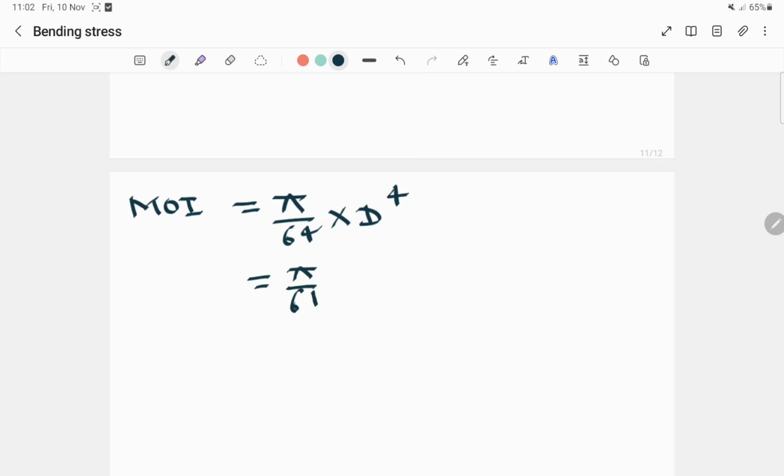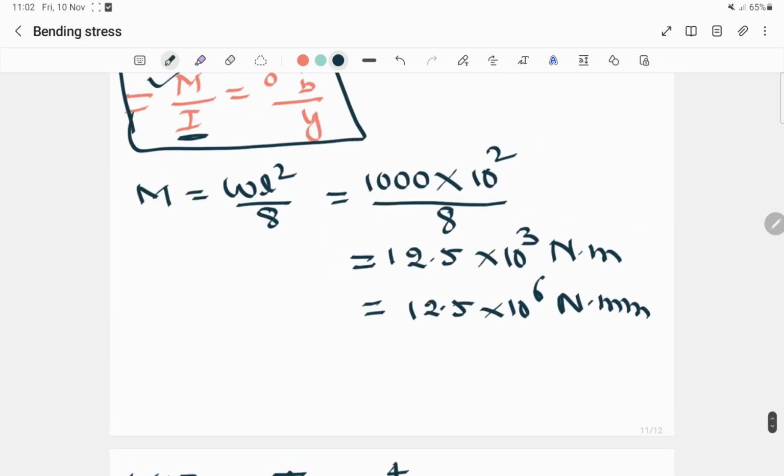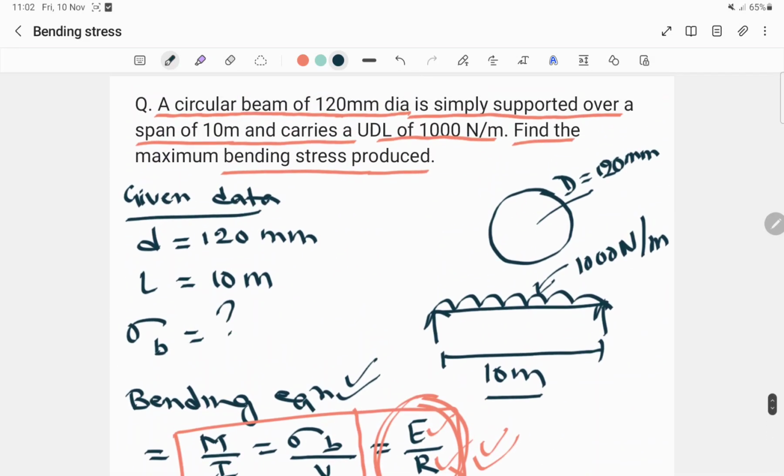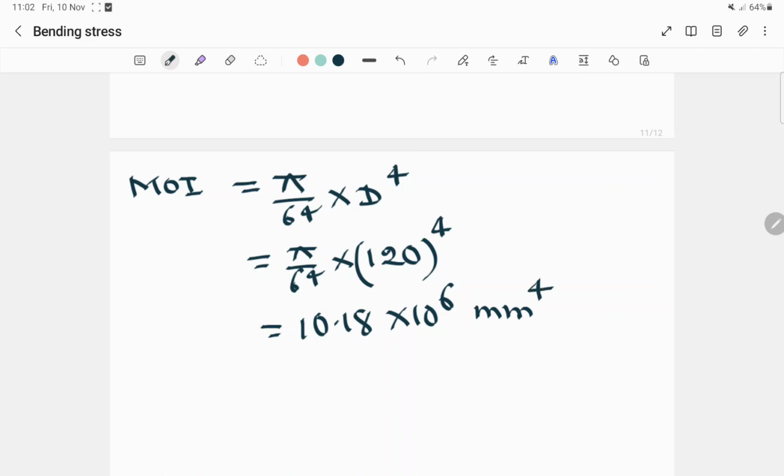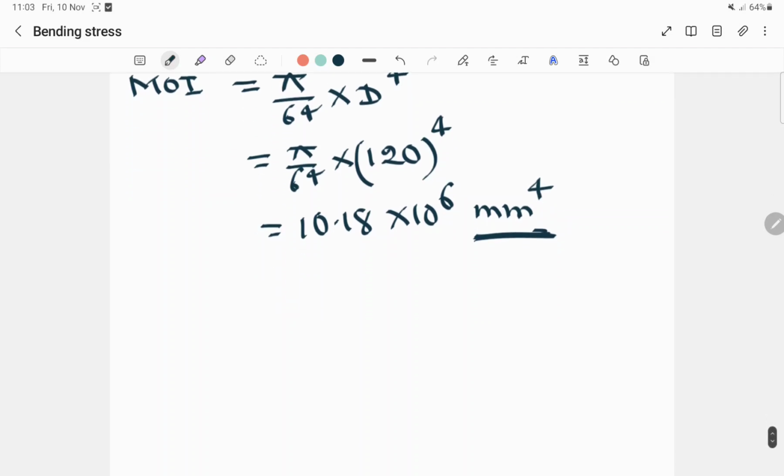Pi by 64 into d, the diameter of the cross section, is 120 mm, 120 to the power 4. We'll get a value around 10.18 into 10 to the power 6 mm to the power 4. Always remember, the moment of inertia unit is mm to the power 4, or it can be meter to the power 4.